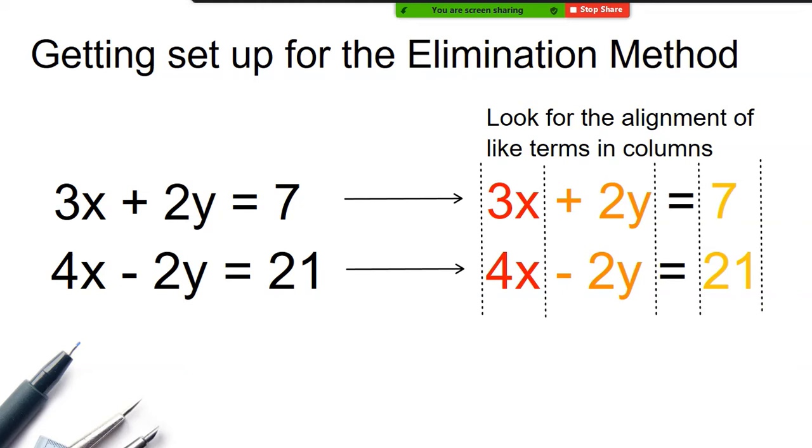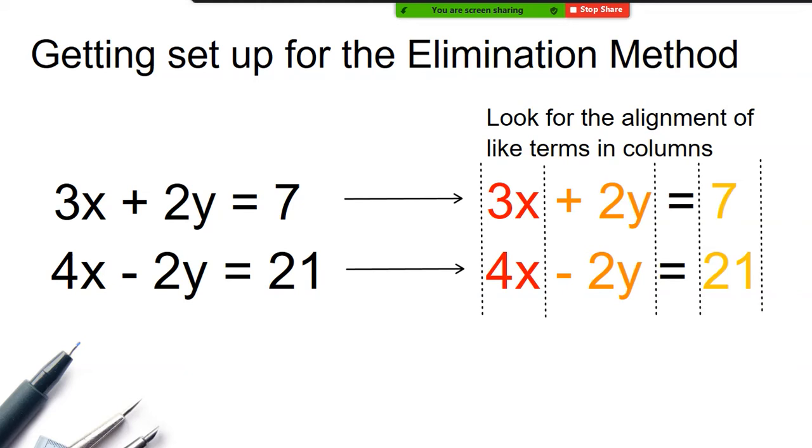So please write down 3x plus 2y equals 7. And make sure when you write the second one, it's lined up like I have it lined up on the screen: 4x minus 2y equals 21.